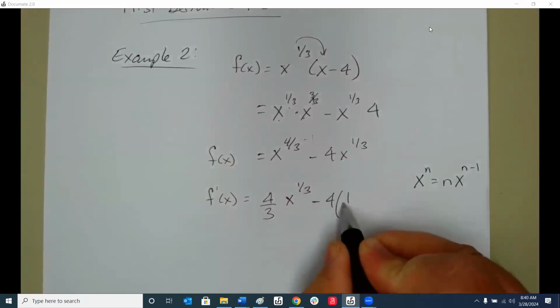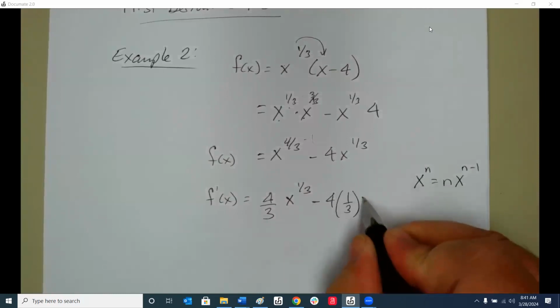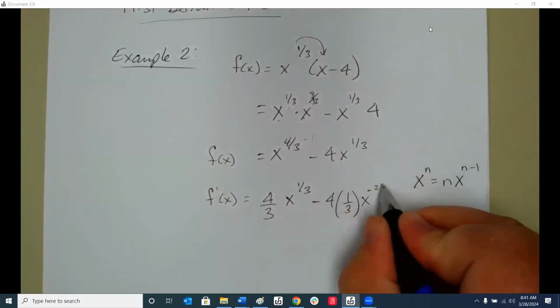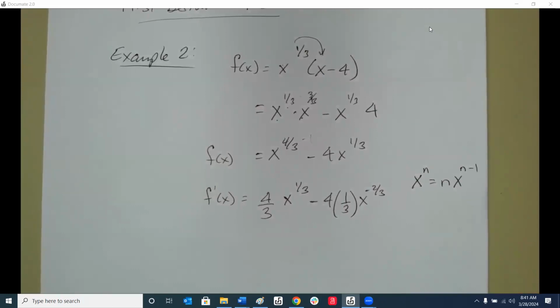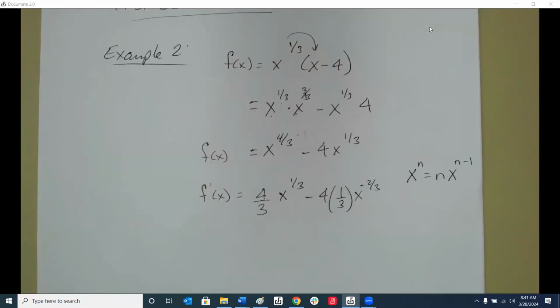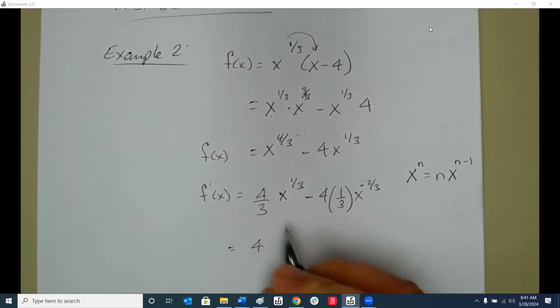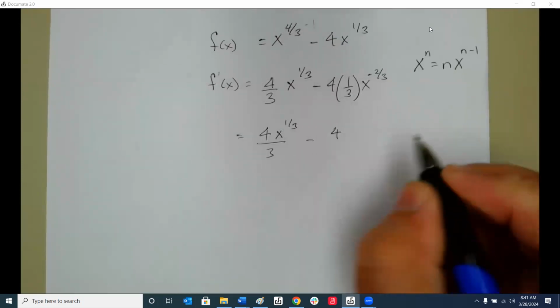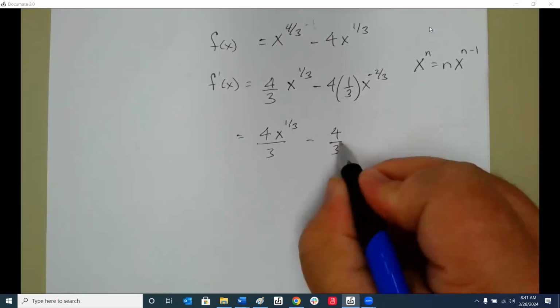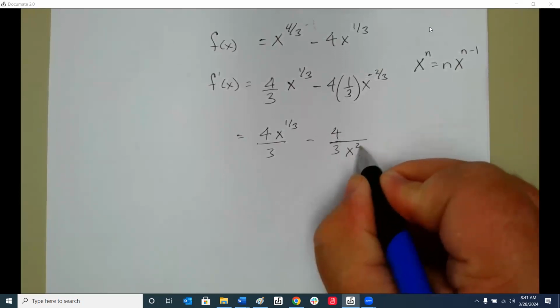The second one is 4, bring the 1/3 down. Subtract that, you get negative 2/3. So we have 4x to the 1/3 over 3 minus 4 over 3x to the 2/3.